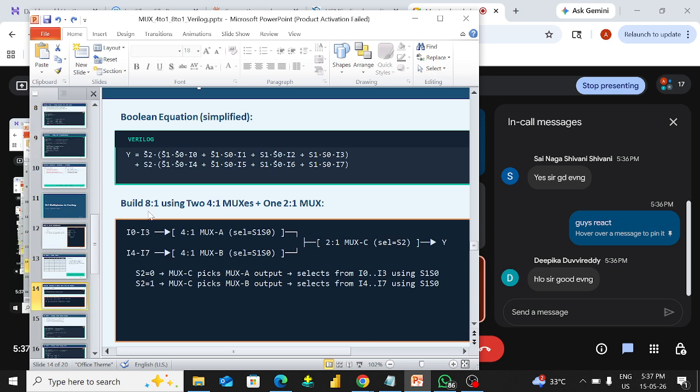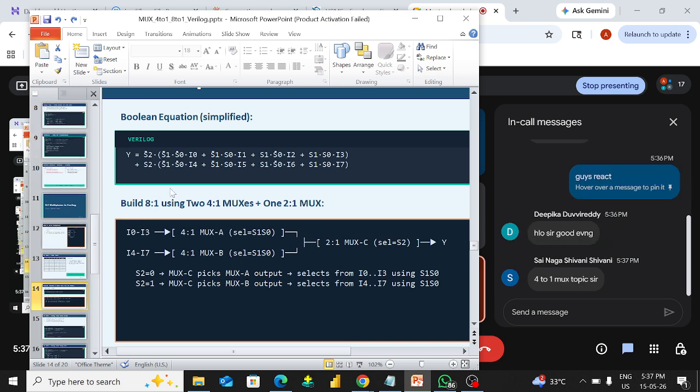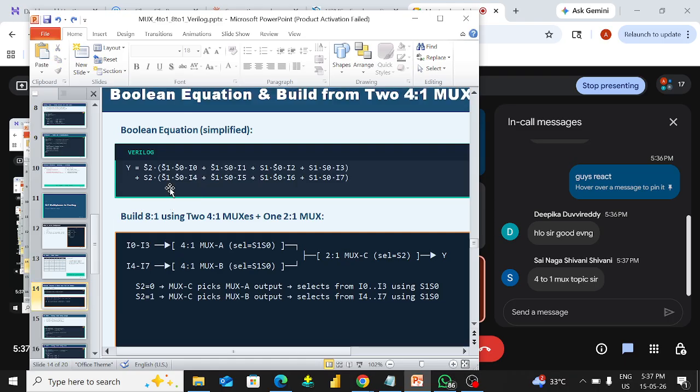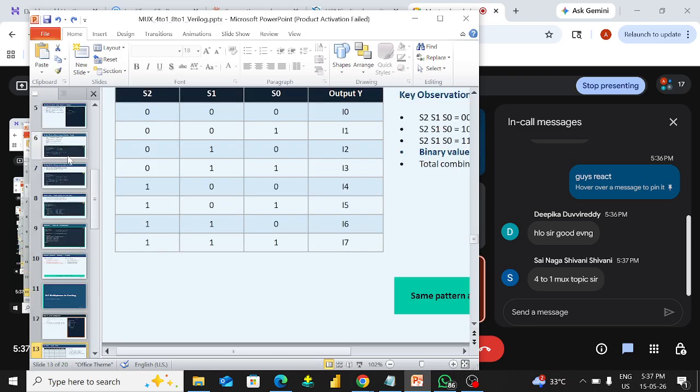I gave you some task, right, to derive the Boolean expression for 4 is to 1 mux. Did any of you find out how to derive that equation?